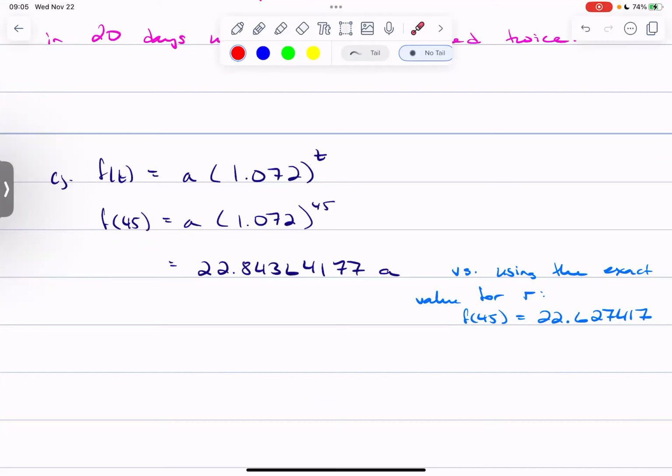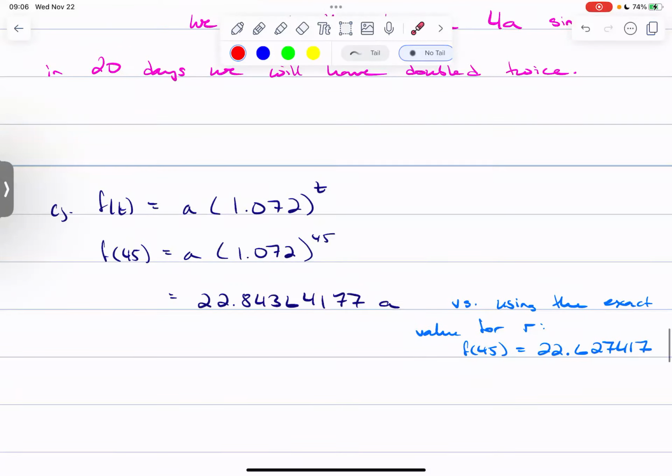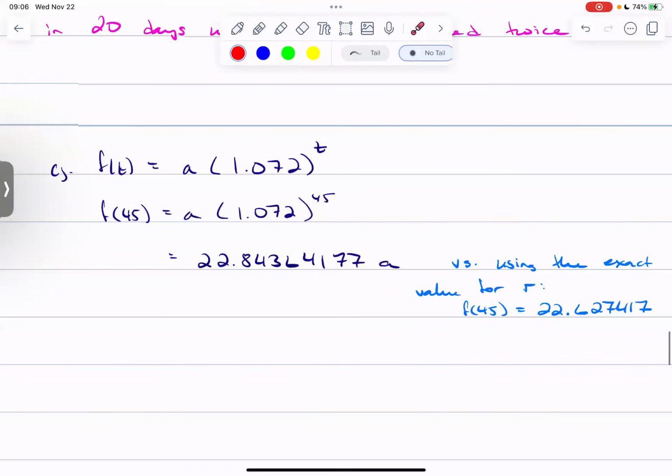I have to write it down. 40, how many times did I double? 4 times, right? So 8. Or 2 to the power of 4. Man, I'm just lost today.